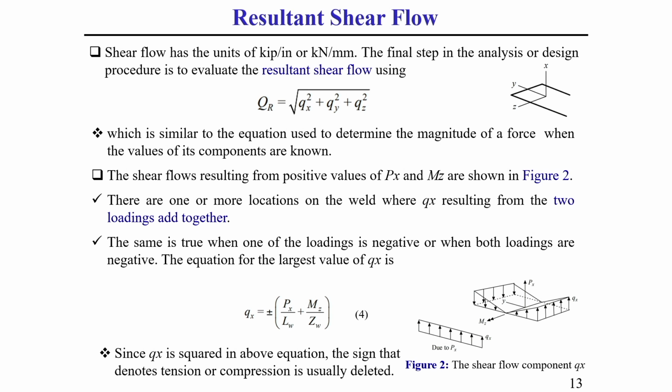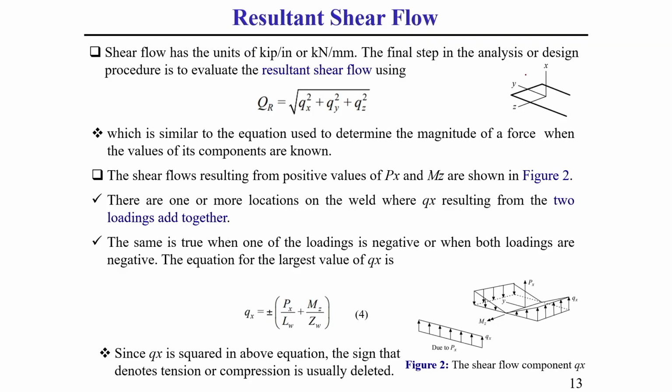Now, along these three coordinates x, y, z, we will find the shear flow component along the x axis, the y axis and the z axis. After the combined loads, let us consider the component of shear flow along the x axis as q x, along the y axis as q y, and along the z axis as q z.